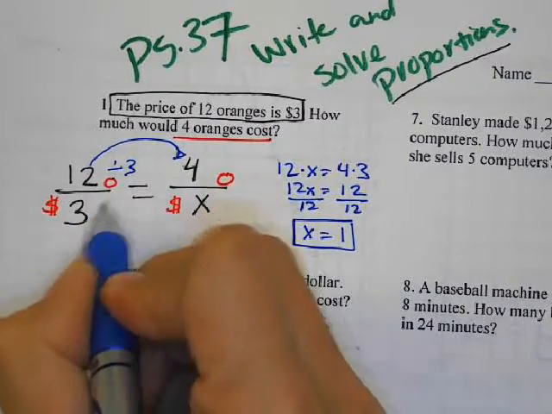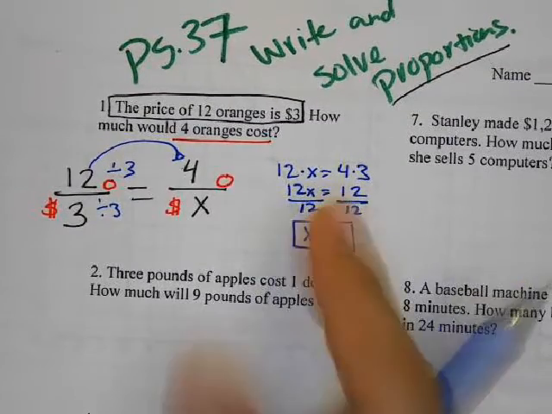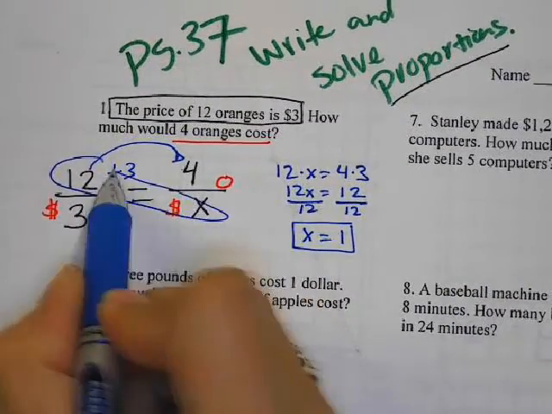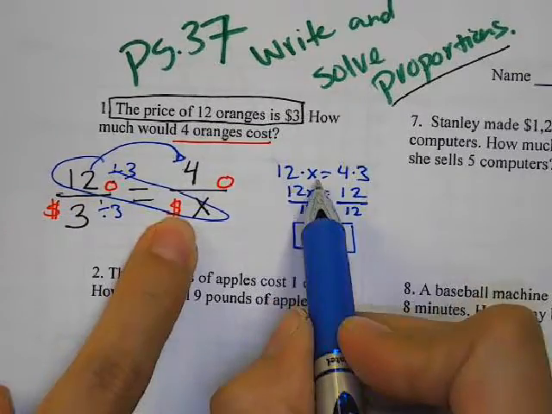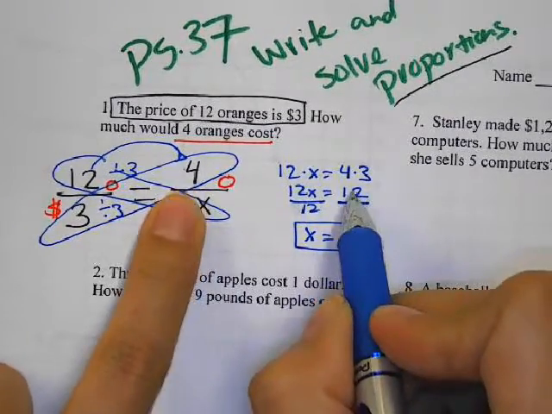Divided by 3. So I'm dividing this by 3. What's 3 divided by 3? 1. Okay? I did this. What's in this circle? 12 times 3. What's in this circle? 4 times 3.